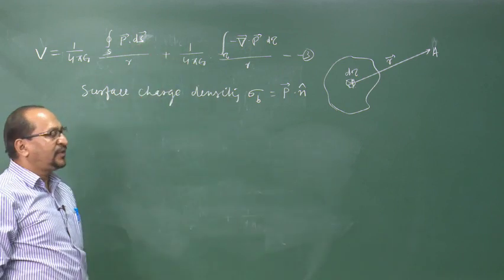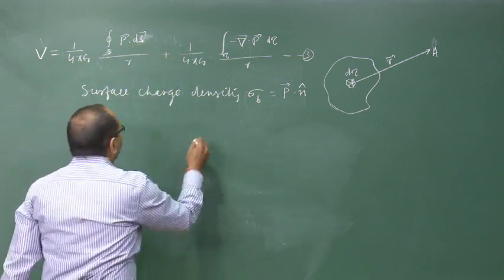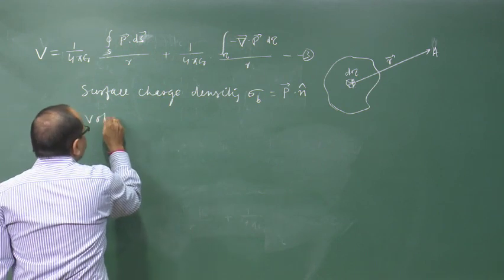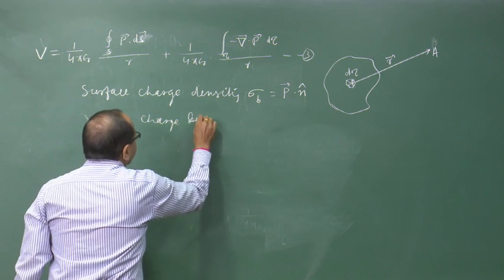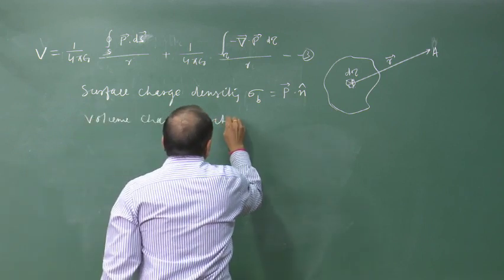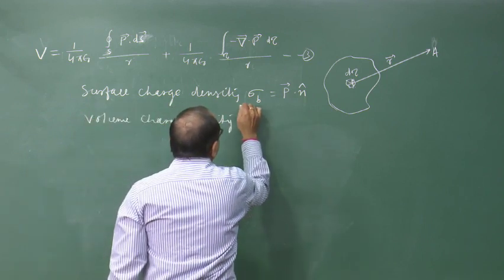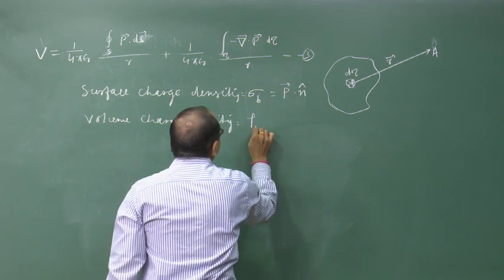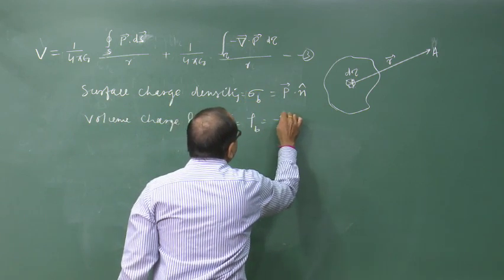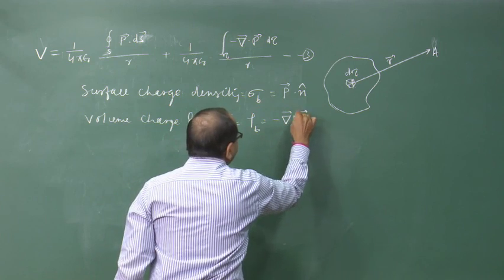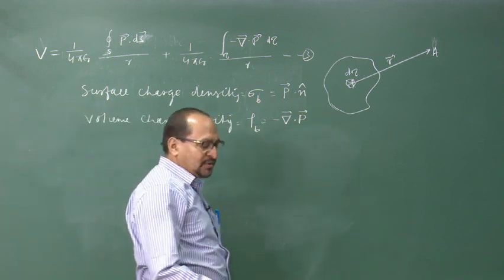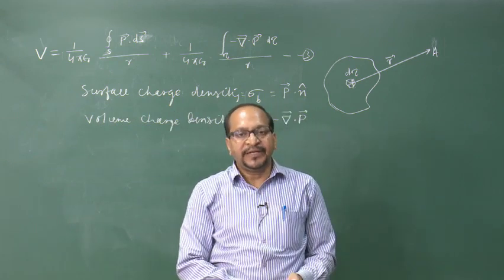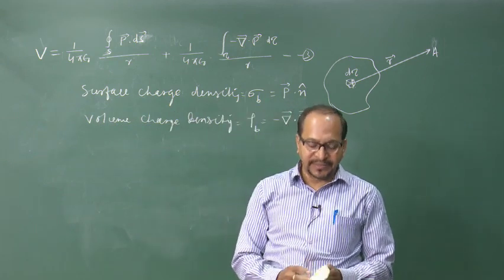So, it is P dot n cap. And the volume charge density of this polarized material is rho B, which is equal to minus divergence of P. So, these are two important conclusions we got regarding a polarized dielectric material.